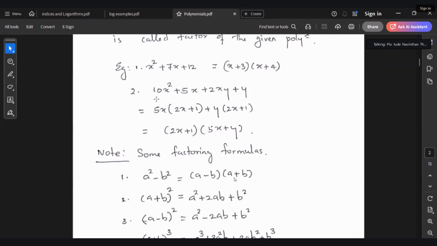Okay. So here something is different. Look at here. 10x squared plus 5x plus 2xy plus y. If we look at here, normally if we have something, we need to find if there is any common factor. So you can look at the first two.